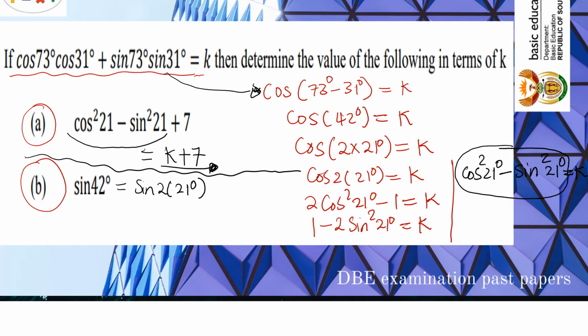Why are we doing this? Because our given information has 21, so we can simply use it like that to express it in terms of k.